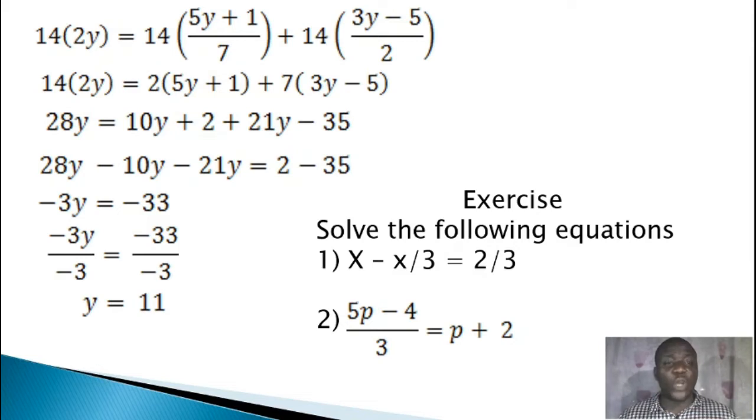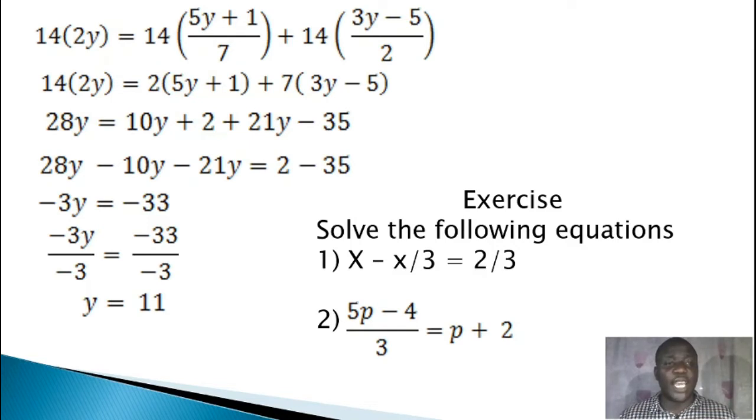You know that the equal sign is a barrier to every item. Whenever any item crosses the equal sign, it cannot remain the same. If it is positive, it will become negative, and if it is negative, it will become positive. So 10y is positive, 21y is positive, but when they move to the other side, they become negative: minus 10y and minus 21y.